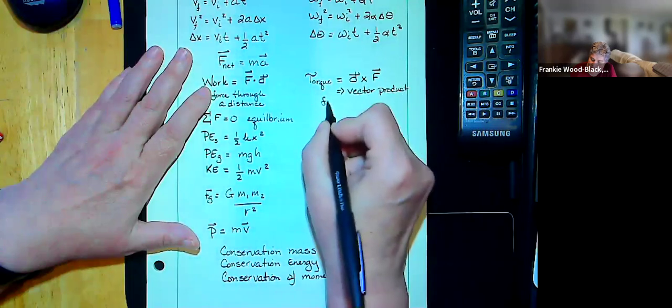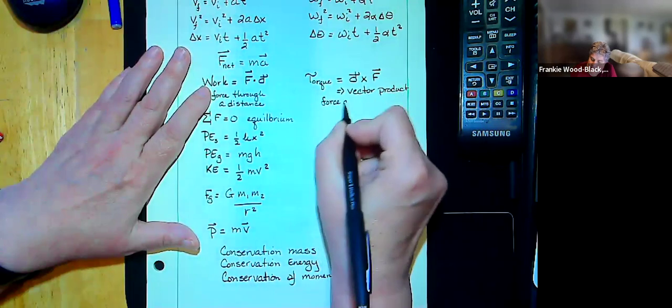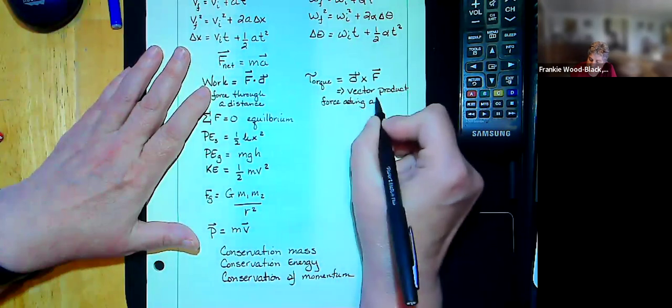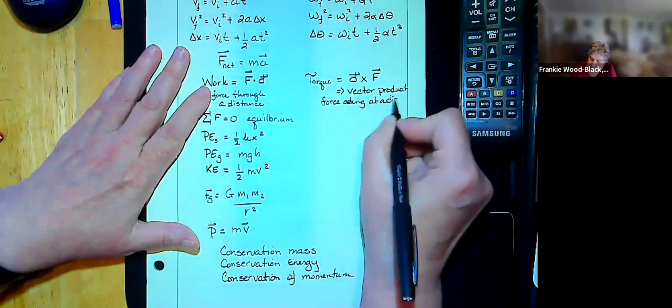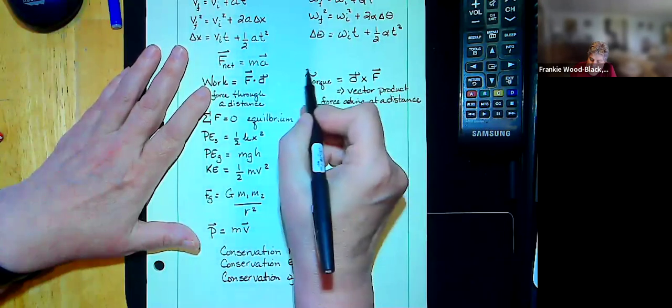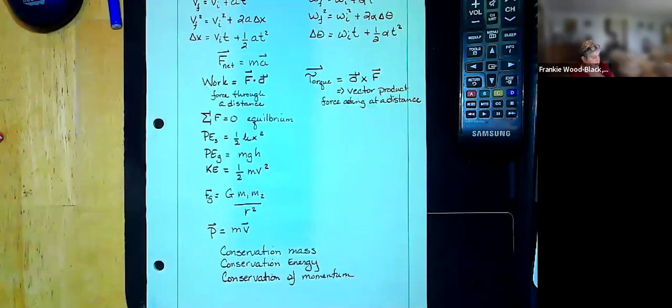And this is force acting at a distance. So we get something that's a little different because that is actually a vector quantity.